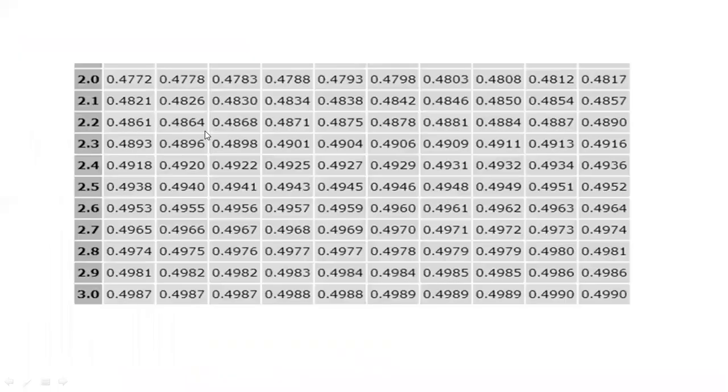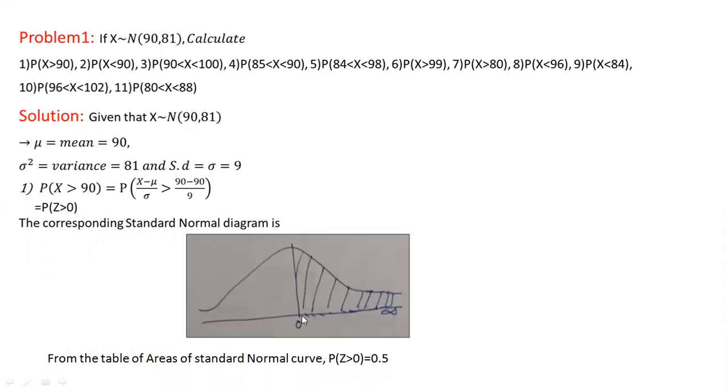This is the midpoint of the normal distribution. We know that in a normal distribution, half of the area is to the left side of the mean line and half of the area is on the right side of the mean line. So from the middle point, which is 0, to the right end the area is 0.5. So that is the first solution.